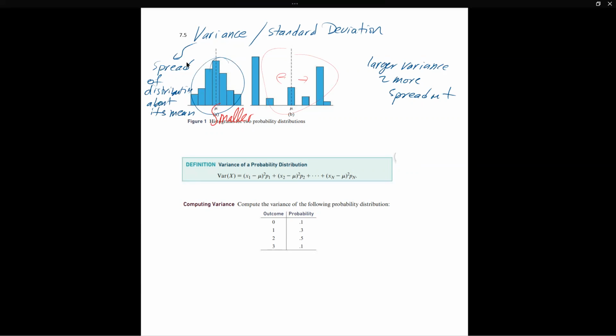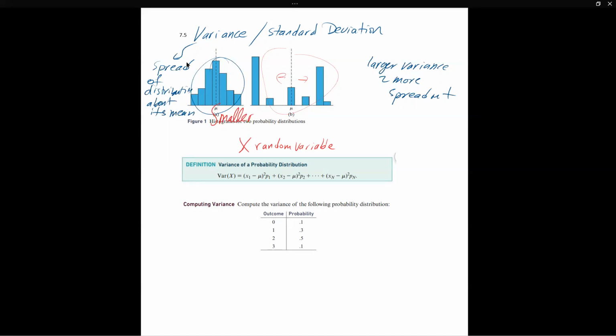So now let's define the variance of a probability distribution. We're using X as the random variable, with values x1 to xn and respective probabilities p1 through pn.